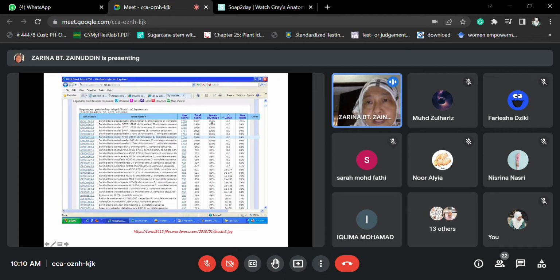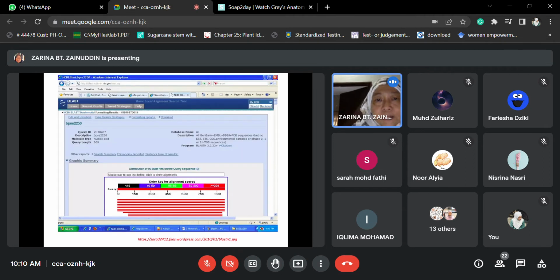For example, for the highest similarity, it will show that it is similar to Burkholderia, which is a bacterium. Your sequence is actually similar to the sequence of Burkholderia. So this is what we call BLAST.